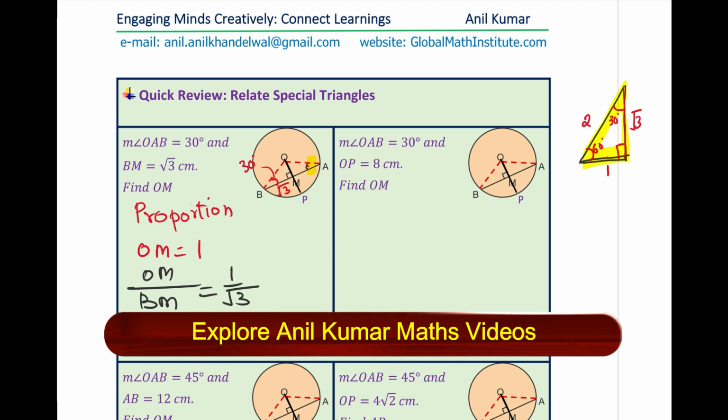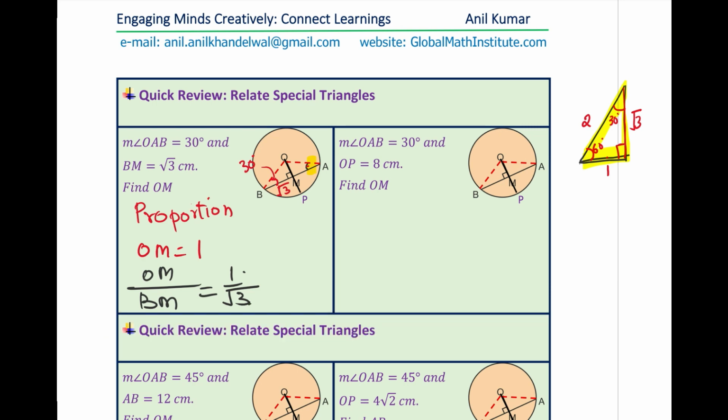So if I'm given BM as square root 3, then OM has to be 1, right? So straight correspondence gives us the right answer. Perfect. Now let's look into this second question.